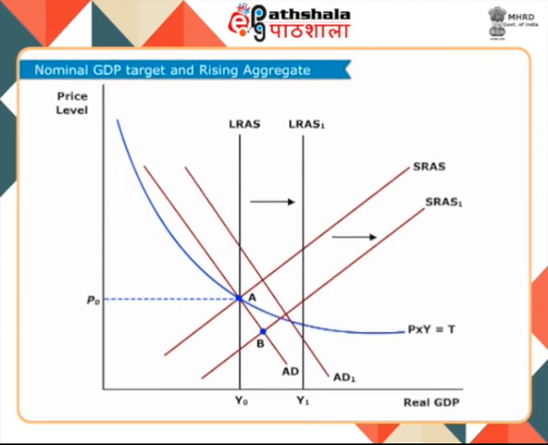The result is point C, which satisfies the nominal GDP target and results in higher real GDP and a smaller decrease in the price level than at point B. Note that the equilibrium at point C is closer to the new long-run level of real output Y1 than is the equilibrium at point B. Nominal GDP targeting speeds the economy's movement towards the long-run equilibrium level of output.